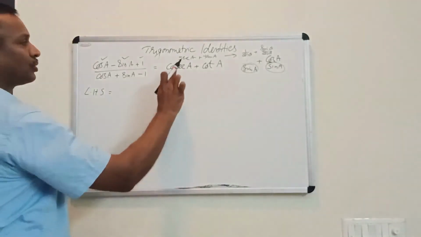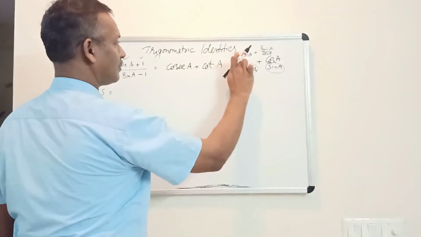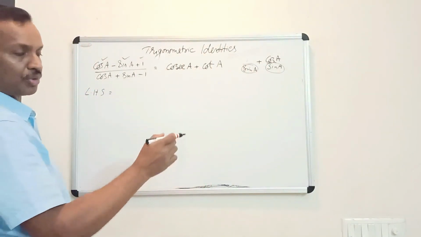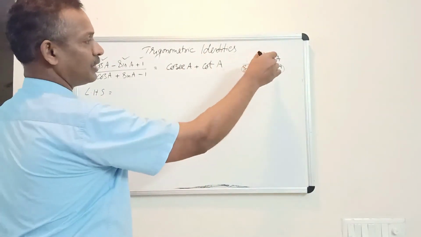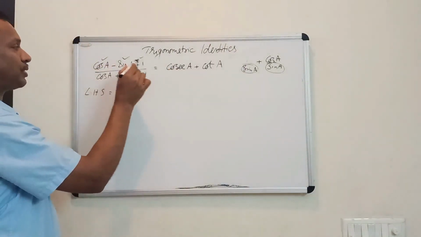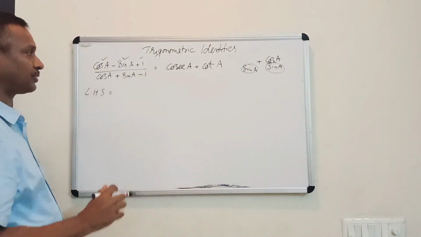In this particular question, we don't want sec and tan. We want this one, cosec and cot. Cosec means 1 by sin, cot means cos by sin. So divide throughout by sin in the numerator and denominator of the LHS.